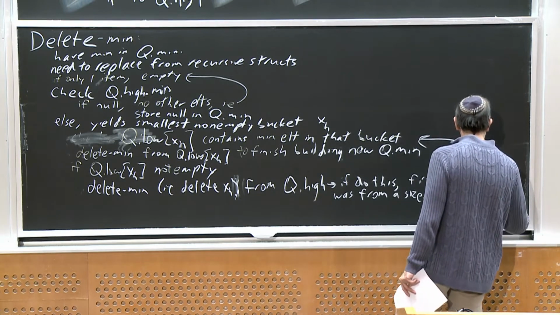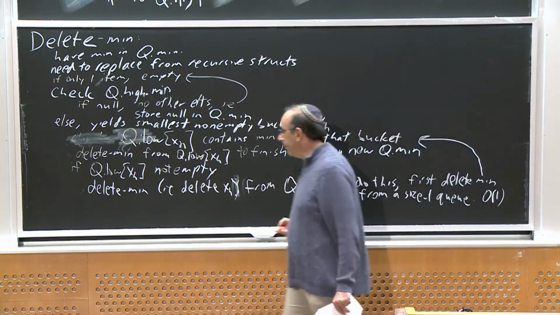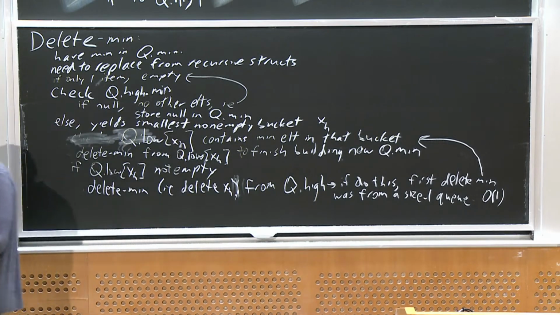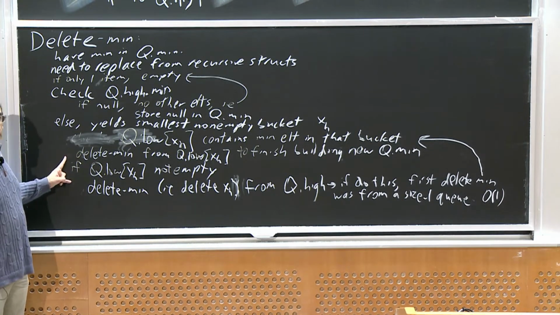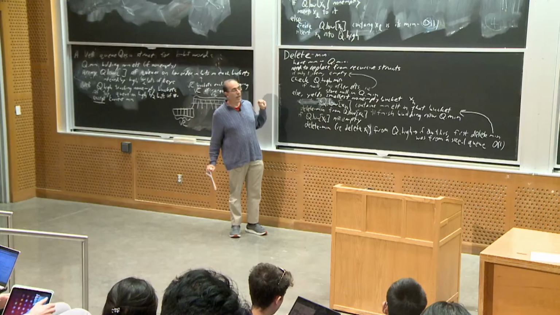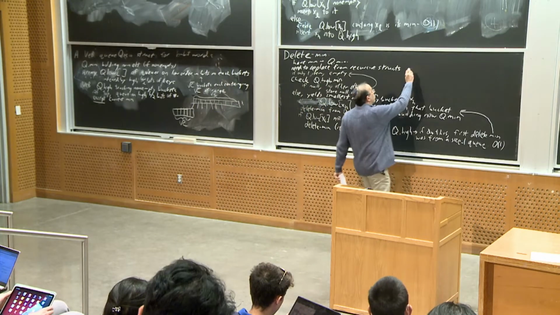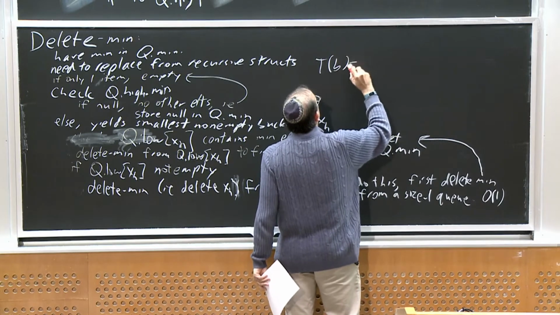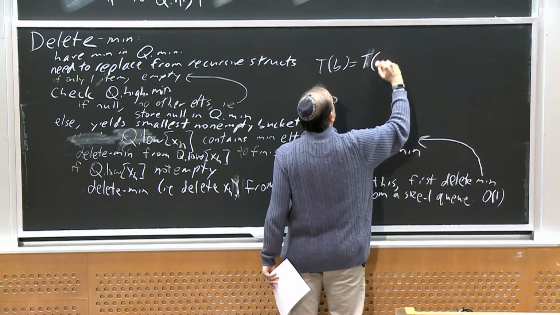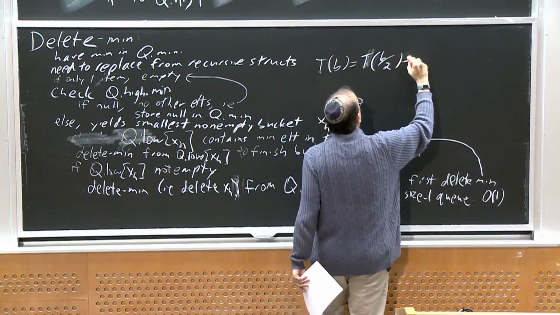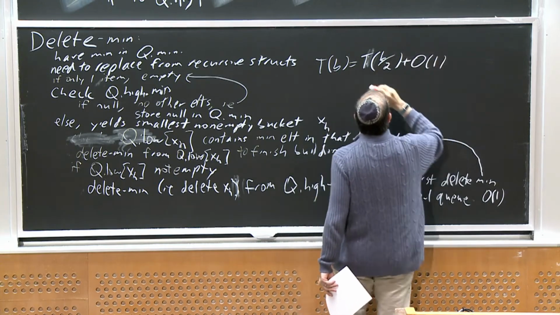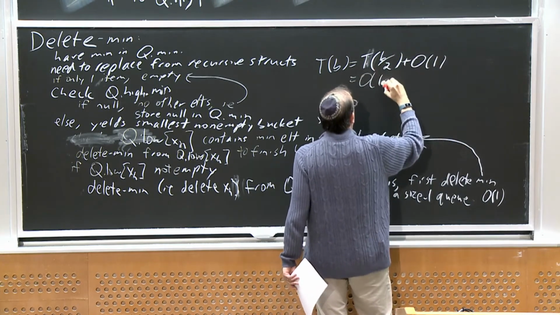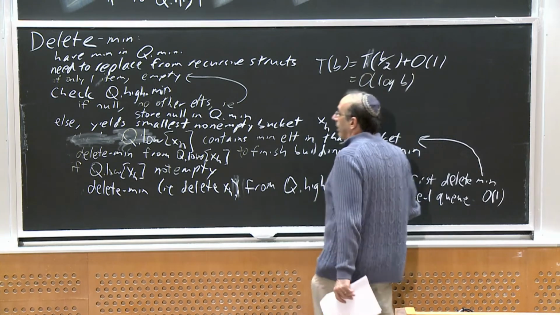And so it was order 1 time. Okay. So again, 2 recursive calls, but one of them is constant time. So again, time for a b-bit word is equal to time for a b over 2-bit word plus order 1, which is order log b.